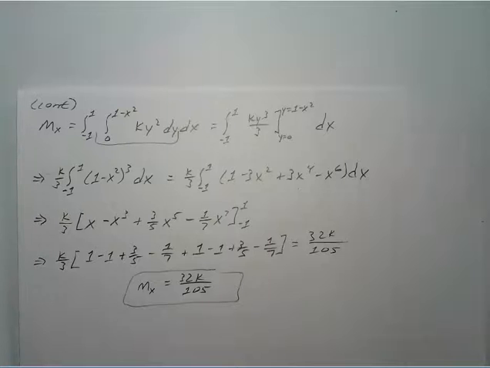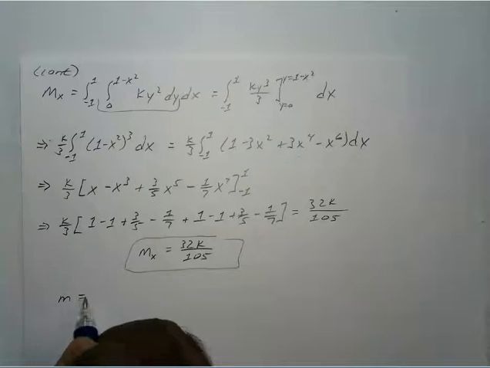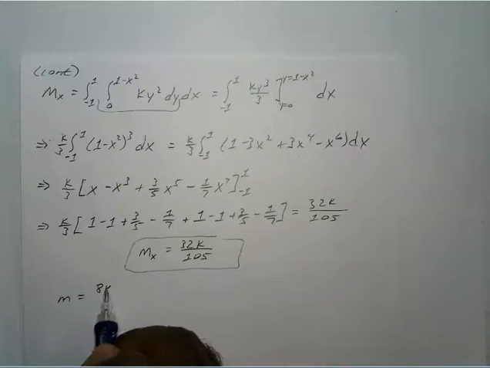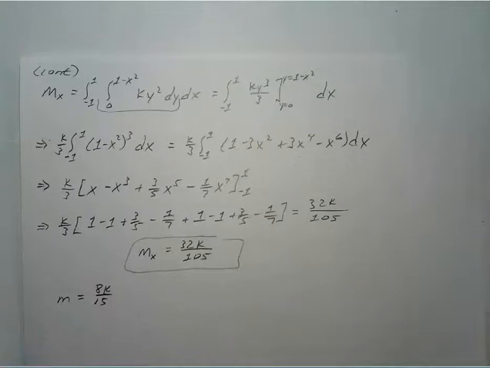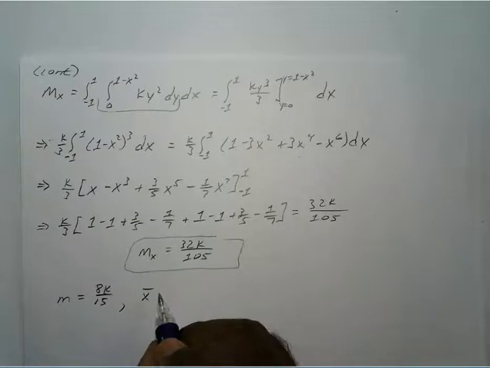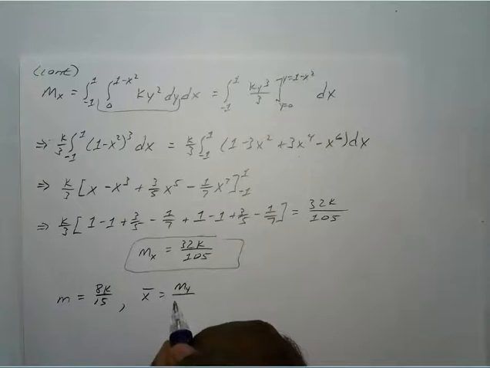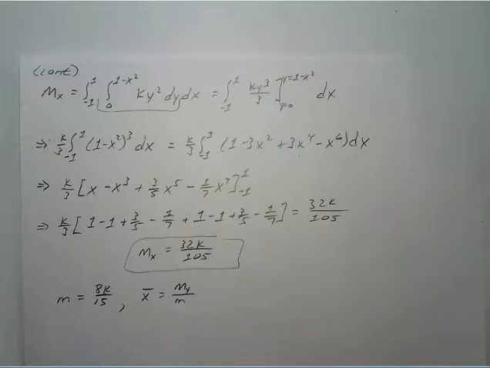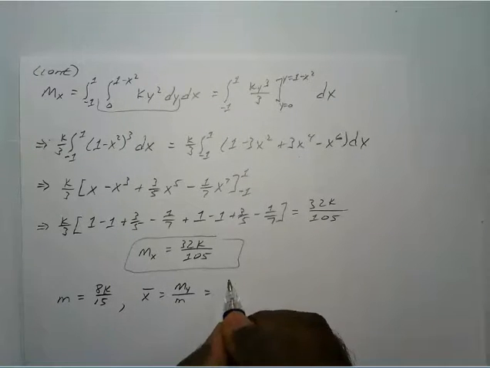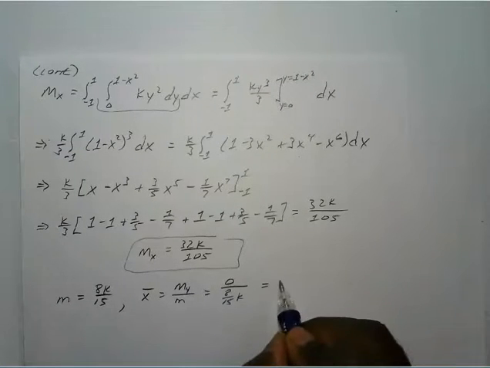Okay, so now we can go ahead and just find our center of mass. So that means that our mass, which is 8k over 15, we solved for that earlier, and our x bar, which is our moment of mass with respect to the y-axis divided by our mass, is equal to 0 over 8 over 15k, which is just 0.